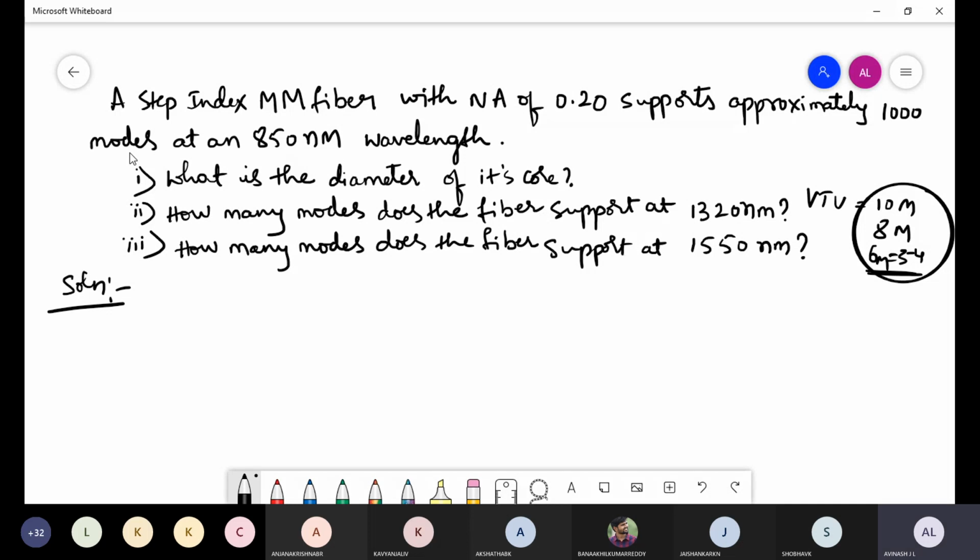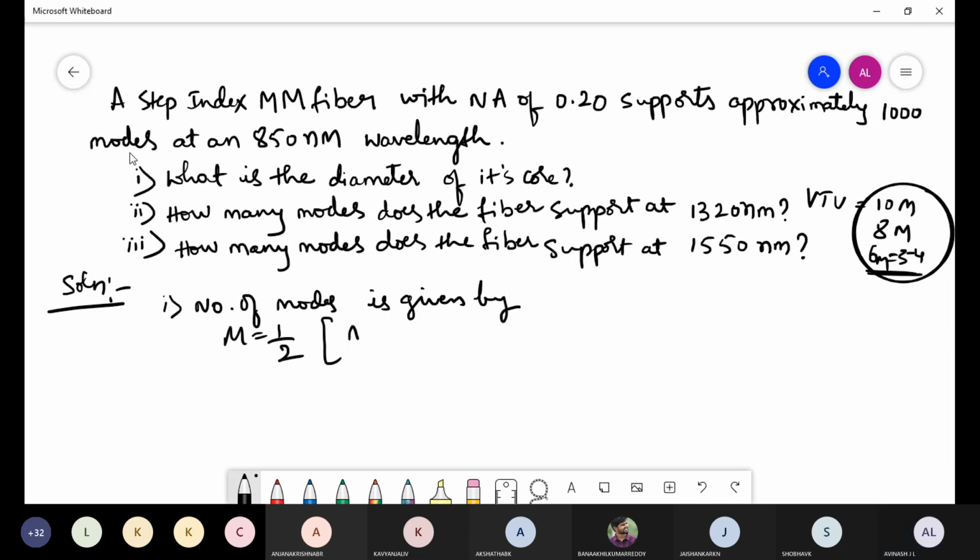So here, what is the number of modes? We know the formula that the number of modes is given by M equal to 1 by 2 into (2 pi by lambda into a into numerical aperture) to the power of 2.